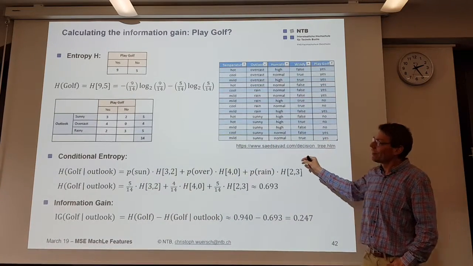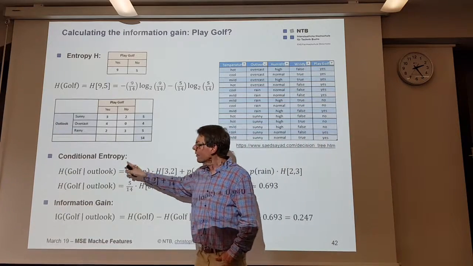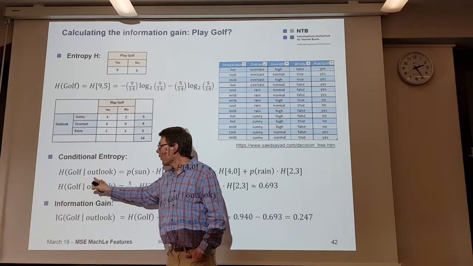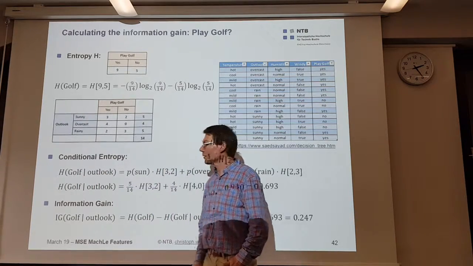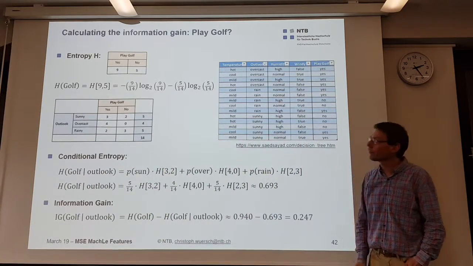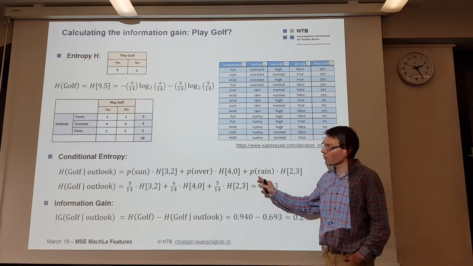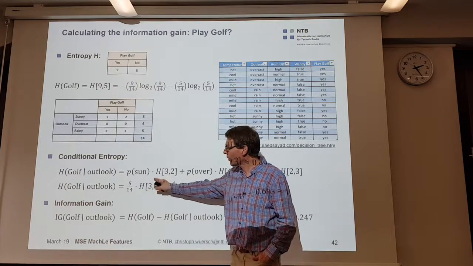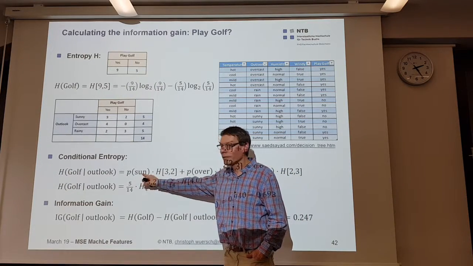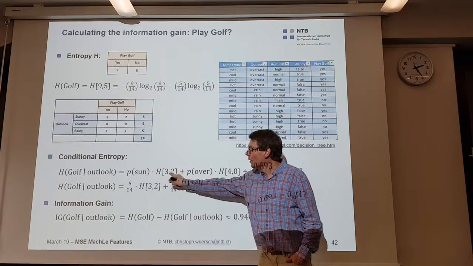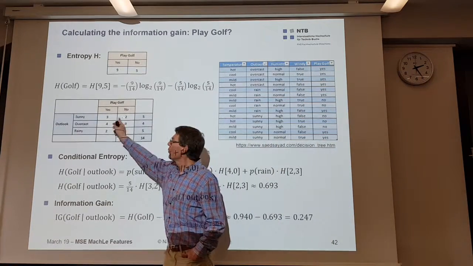But now we calculate the conditional entropy. And what is the conditional entropy? Do we play golf given an outlook? And we have 3 possibilities for this outlook. It could be sunny, overcast, and rainy. So we have to sum all those entropies. So we take the probability that it is sunny. It's the weighted entropy split by 3 and 2.